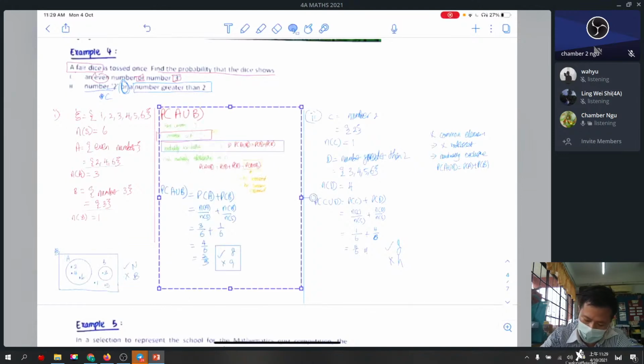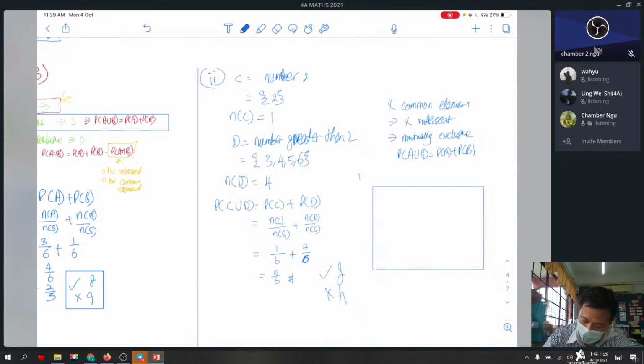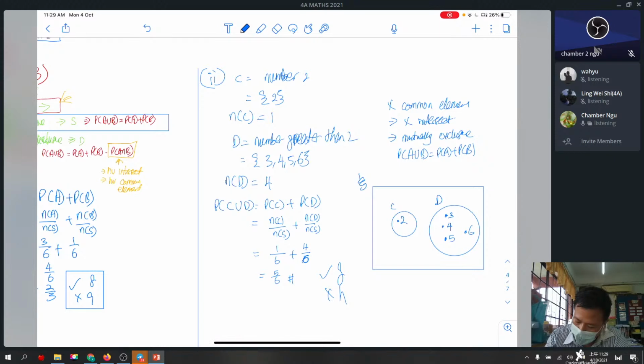How if we want to represent it in the Venn diagram? This is a Venn diagram. Universal set, we have numbers 1 until 6, but the set C has only 1 element, number 2. Another set is set D. So we have 3, 4, 5, and 6.